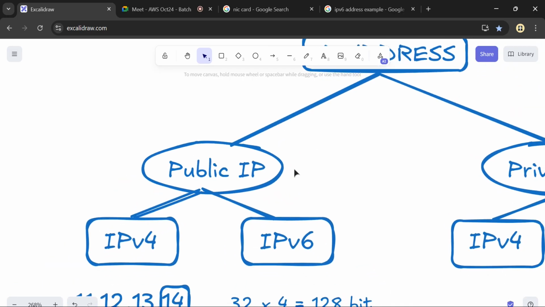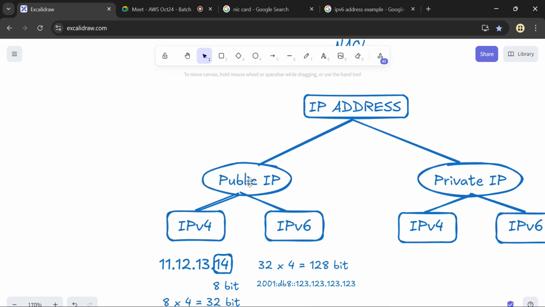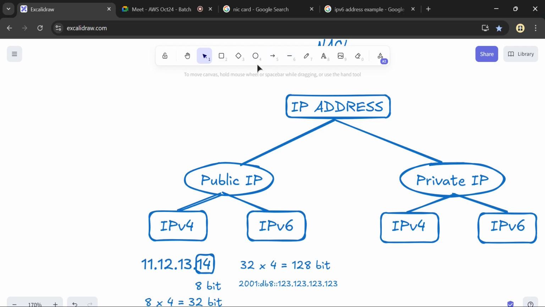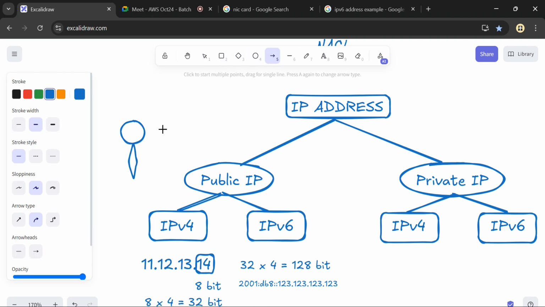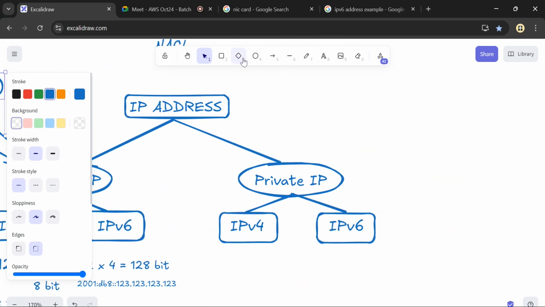Then what is the difference between public IP and private IP? So public IP, by the name itself, you can understand that it is something that is accessible publicly. Anybody from the internet can access your IP. That is what a public IP is. And private IP is something that is used internally.